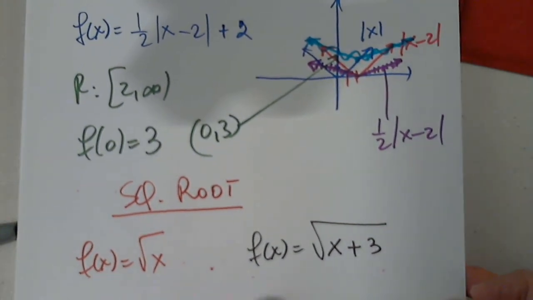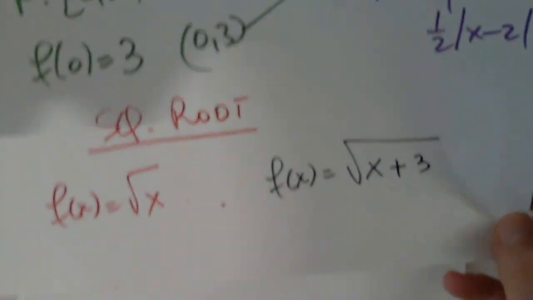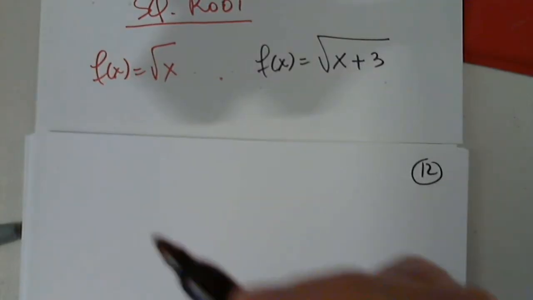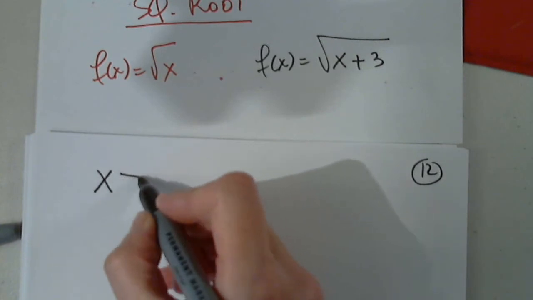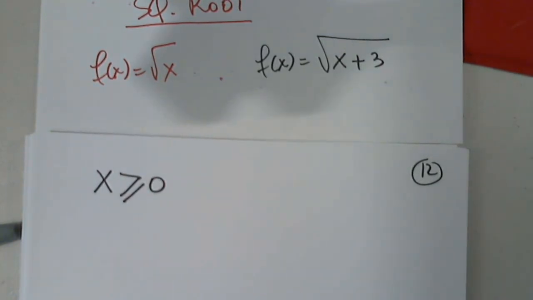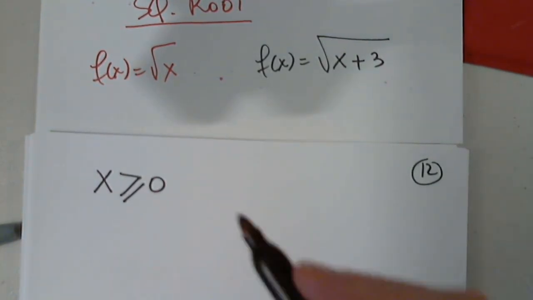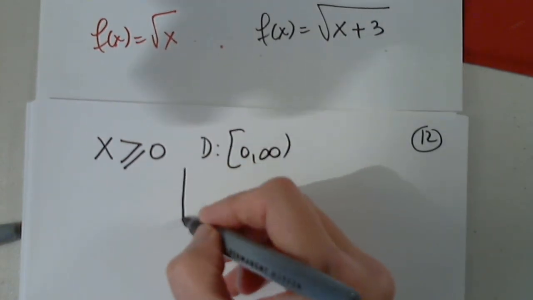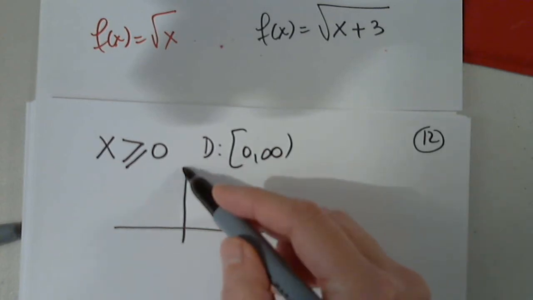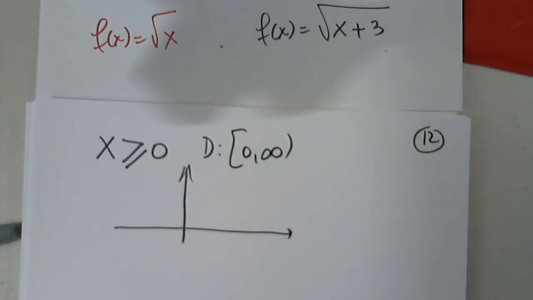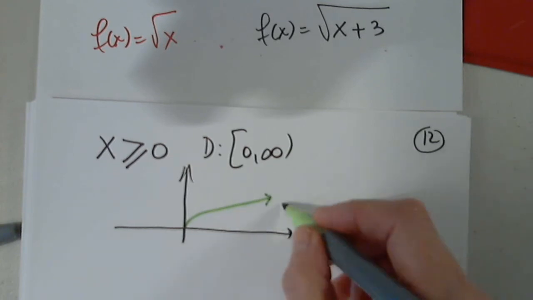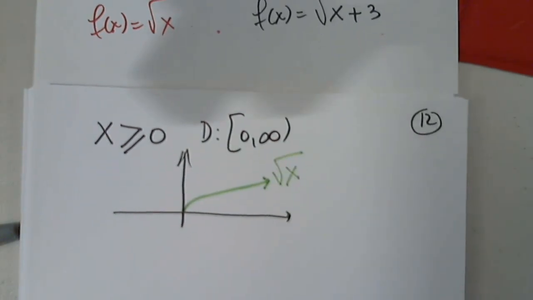We know what this does to the graph, but let's graph the square root of x first. The domain of this function is greater than or equal to 0. All x values that are greater than or equal to 0. So domain 0 to infinity. So I'm hoping you remember this graph from your past experience, it is something like this. It's not a straight line.